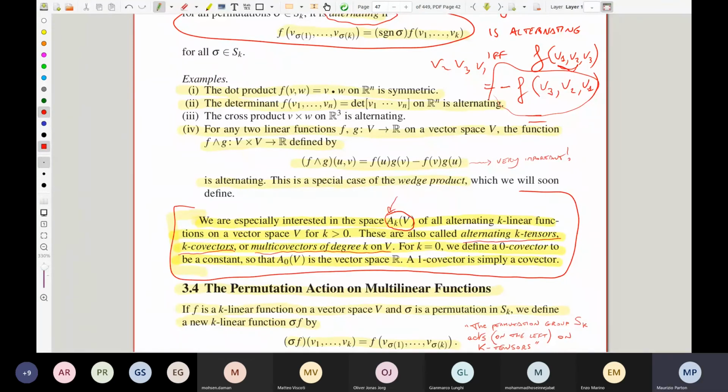A^k(V) is better called maps, but they are the maps from V^k to R which are multilinear and alternating.